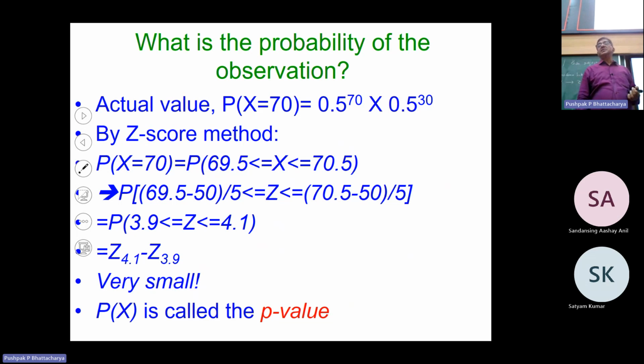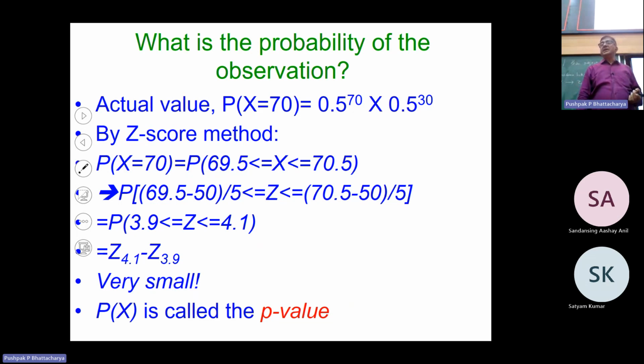So the probability of x equal to 70 should be estimated from the probability that x lies between 69.5 and 70.5. This is a very standard procedure which is used in probability all the time, when you use a continuous distribution and you want to find out the probability of a particular instance.